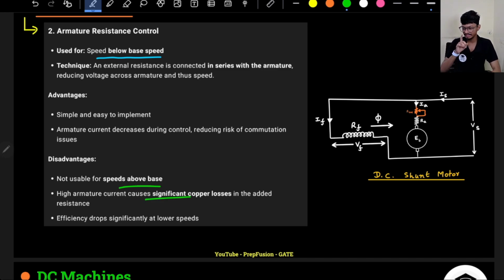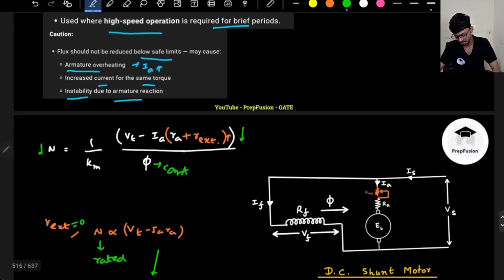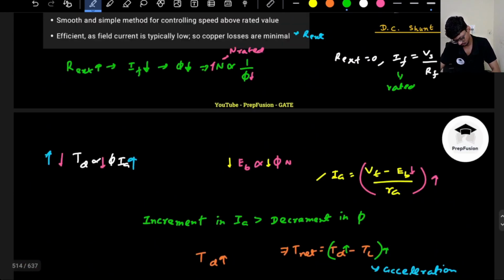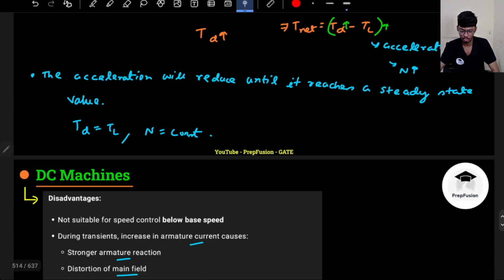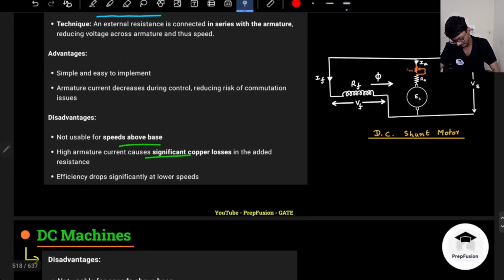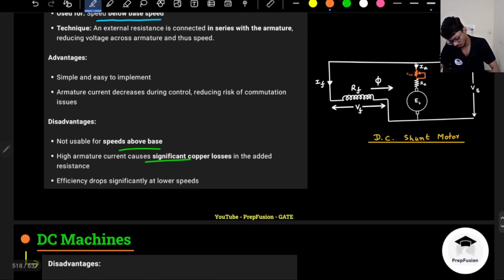High armature current causes significant copper loss in the added resistance. Previously, there was field current, so the loss was IF whole square into R external. Now IF itself is very small, so the copper loss is very small. But here the problem is the copper loss is IA whole square into R external.